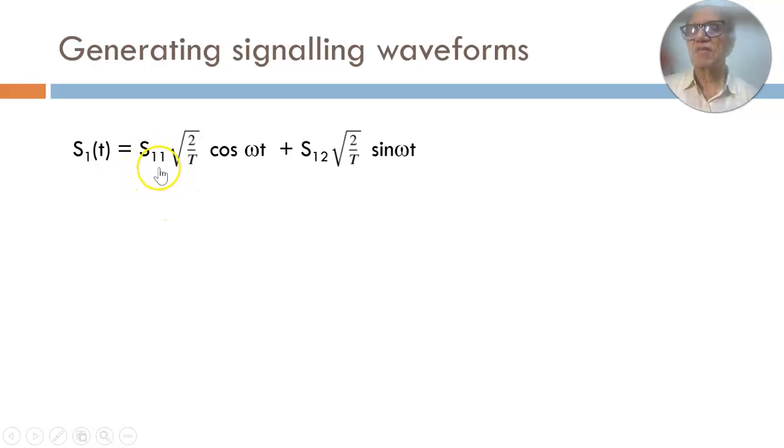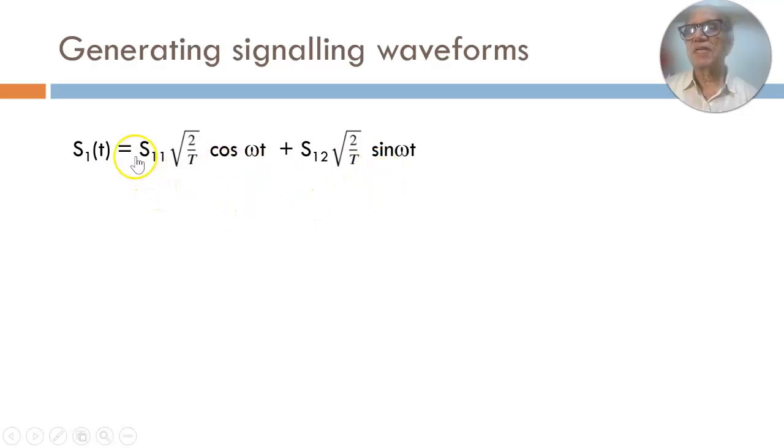So this will be S11 into phi1. In this case, phi1 is root 2 by T cos omega t, plus S12 into root 2 by T sin omega t. This root 2 by T sin omega t is phi2. These are your orthonormal waveforms.